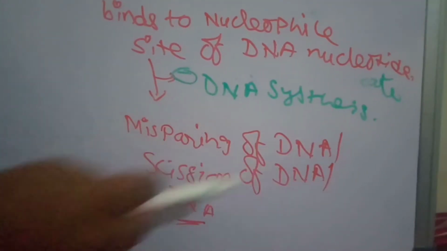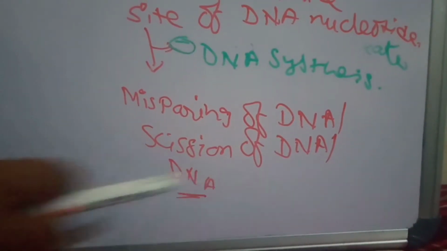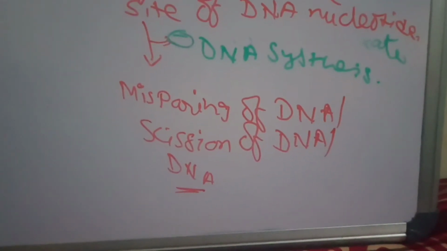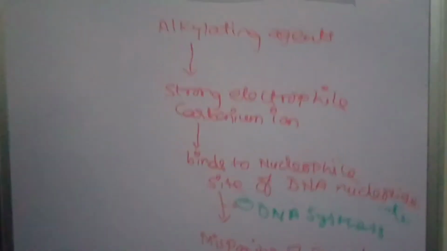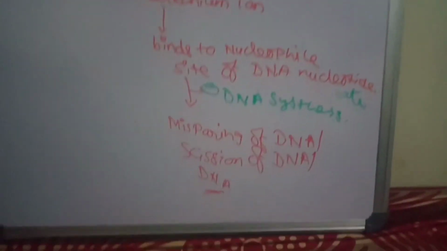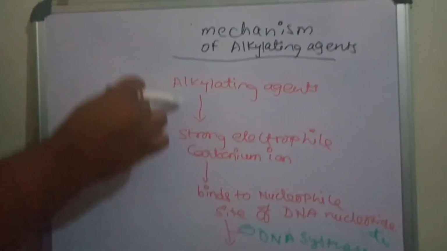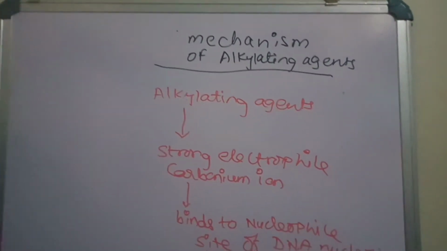Mispairing of DNA, cessation of DNA, or abnormality in the DNA leads to inhibition of cell growth or killing of the cell. As a result, they act as good chemotherapeutic agents. So this is related to this particular class of drug.